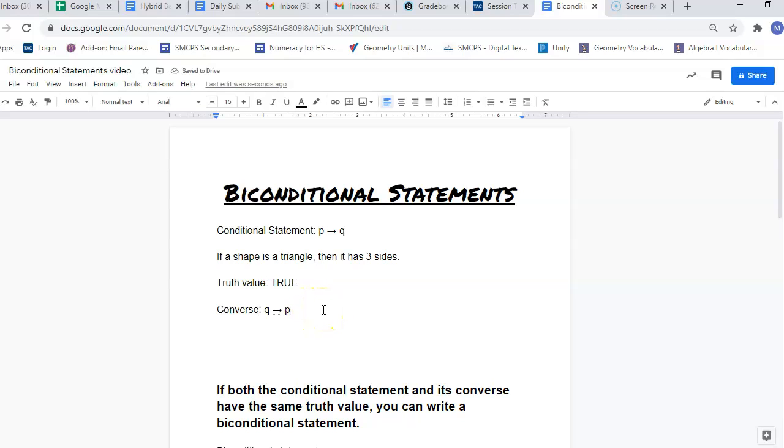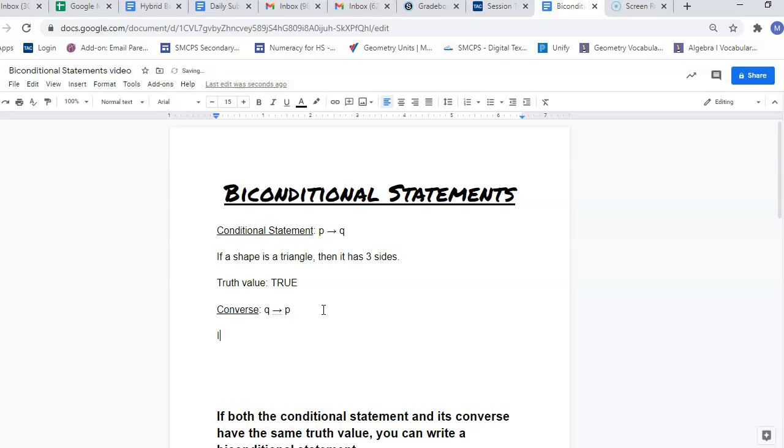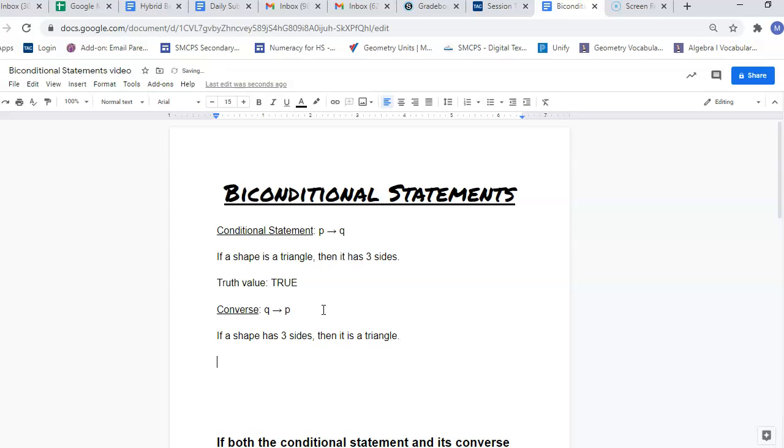You just switch the hypothesis and the conclusion. So in this case, our converse is going to be if a shape has three sides, then it is a triangle, right? And let's look at the truth value of that statement too. If a shape has three sides, then it's a triangle. That's true because there are no shapes that have three sides that are not triangles, so that's true.